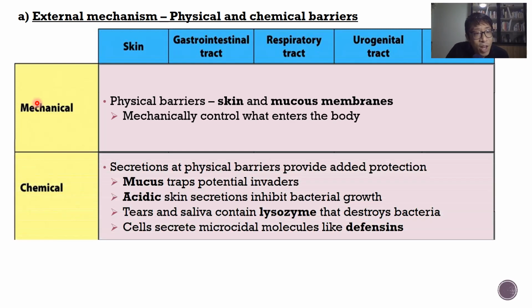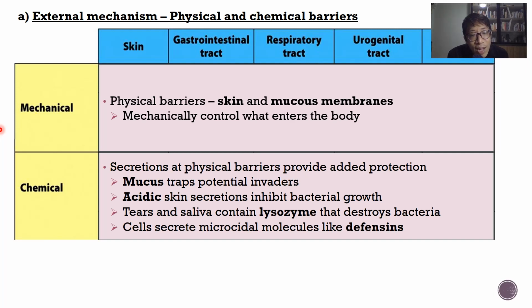Then we have the chemical barriers as well, which involve the mucus of the mucous membrane, which is a chemical that traps any pathogens. Our skin is also slightly acidic, which inhibits the growth of pathogenic bacteria.